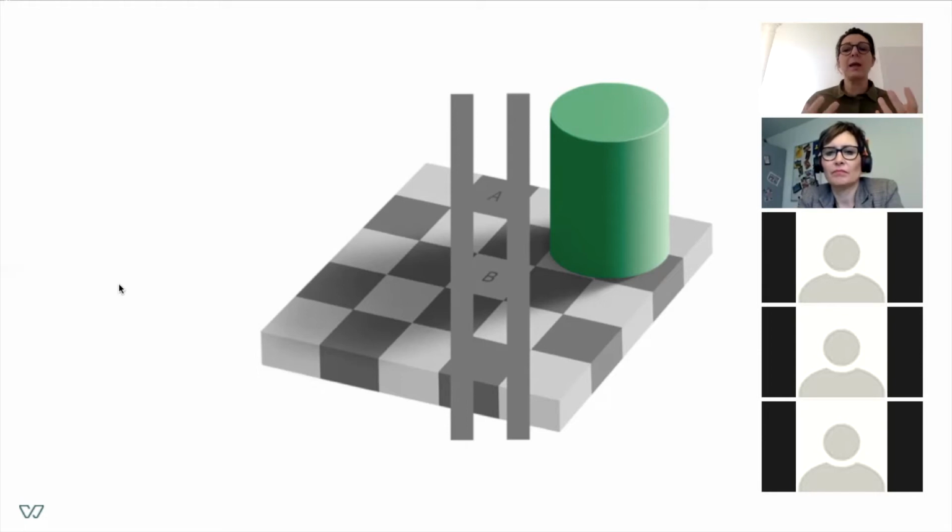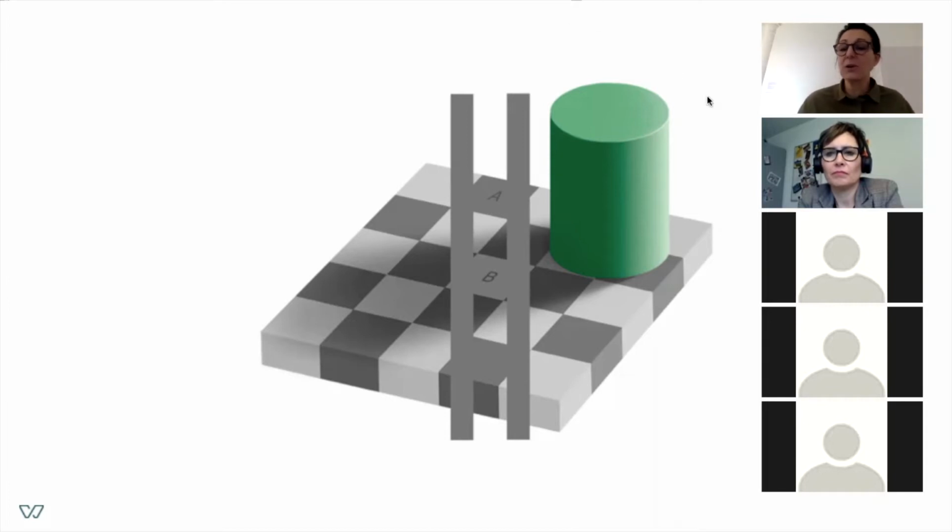And as soon as we see a checkerboard, we intuitively make that checkerboard up. Even if, for example, here we have a disturbance of this cylinder and the shadow that falls onto the checkerboard, our brain unconsciously still interprets A as being dark and B as being light, because this is what a checkerboard should look like, as we've learned. But the reality is that they have the exact same colors.